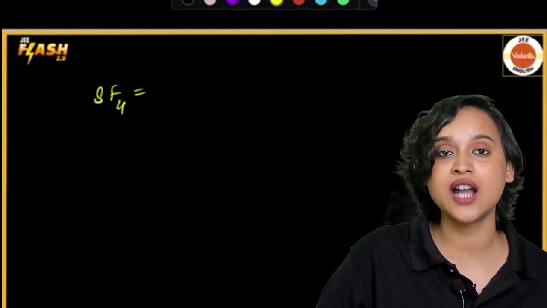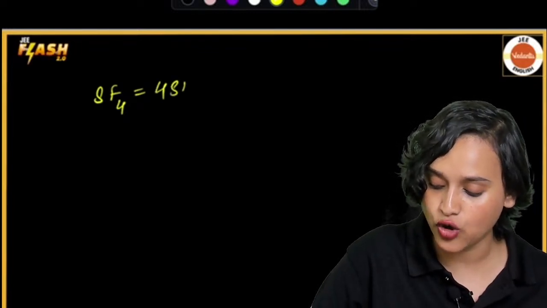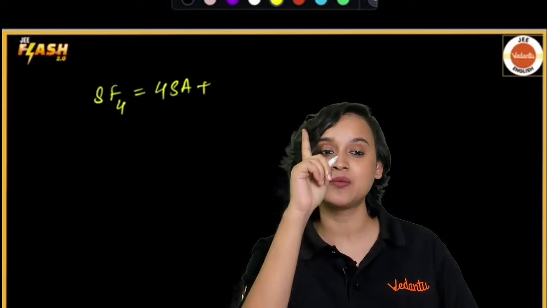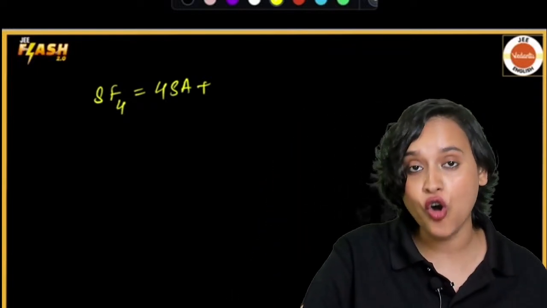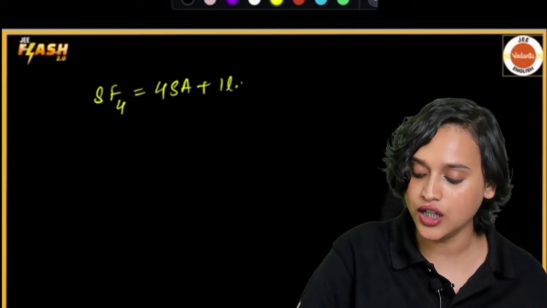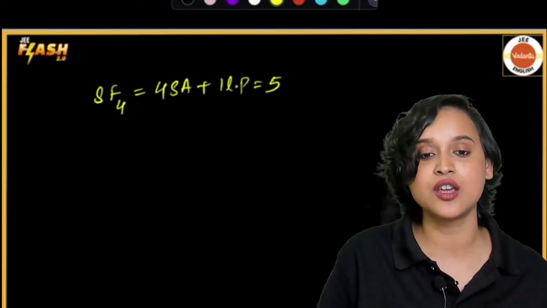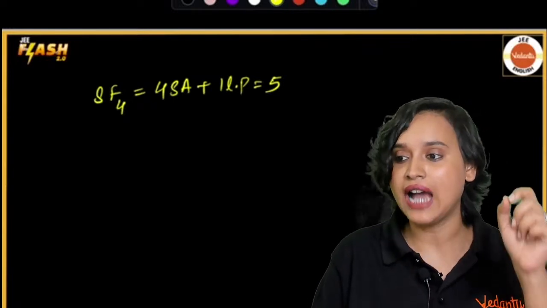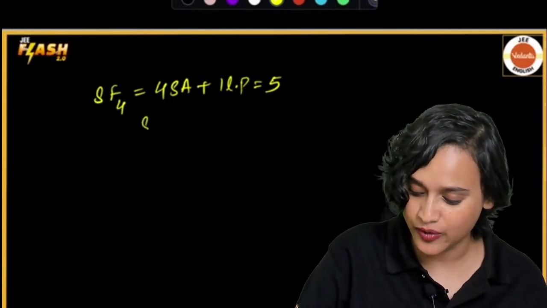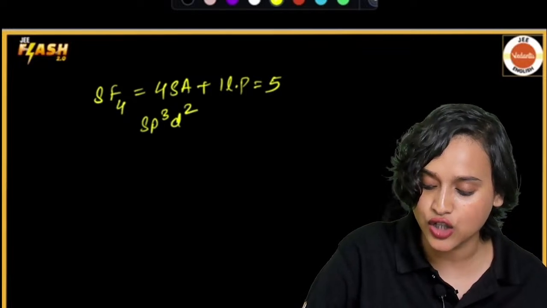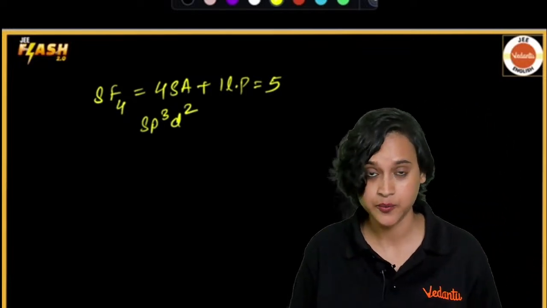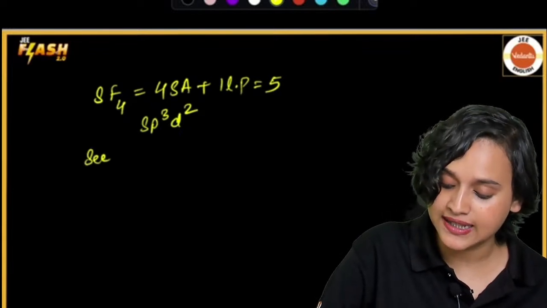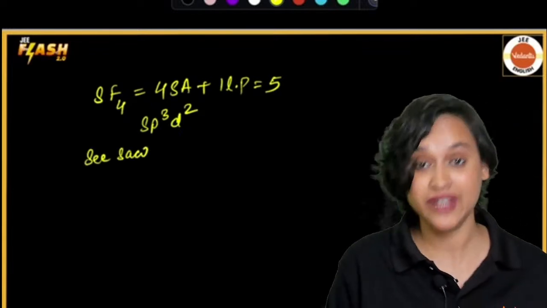So here you have 4 surrounding atoms, but obviously because you have 6 electrons, that means there will be 1 lone pair. So 4 surrounding atoms plus 1 lone pair, steric number is equal to 5. If steric number is 5, what is the hybridization? The hybridization that you get here will be sp3d. What is going to be the shape? The shape here will be seesaw shape. We have just studied it, right?